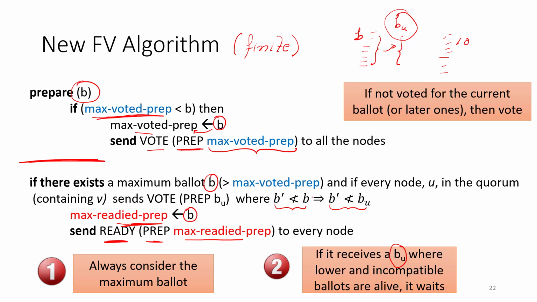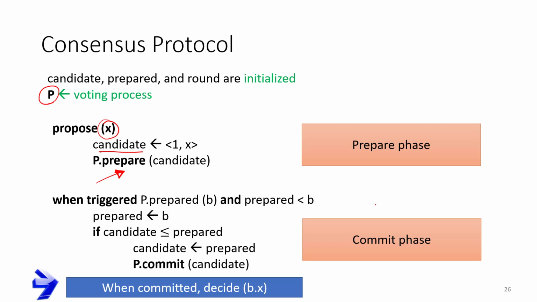But how do we ensure that everything less than B is incompatible? Well, using the check over here that anything that is lower and incompatible is also lower and incompatible with that. That is how we ensure that the moment something is prepared, nothing lower and incompatible with it is actually alive.